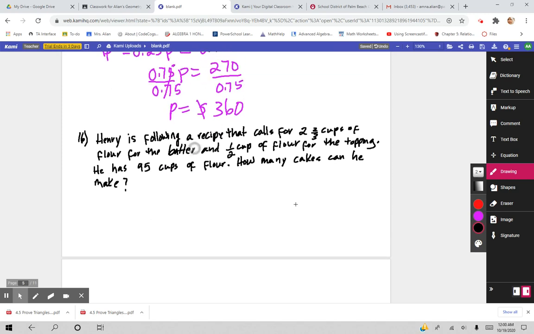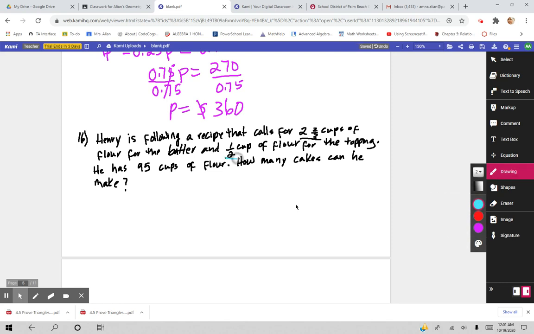Okay, last one. Henry found a recipe that calls for 2 2/5 cups of flour for the batter and 1/2 cup of flour for the topping. He has 95 cups of flour. How many cakes can he make? Okay, so every cake that he's going to make, he's going to need this much plus this much.